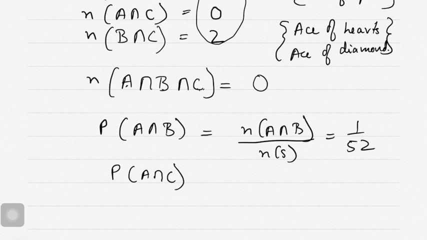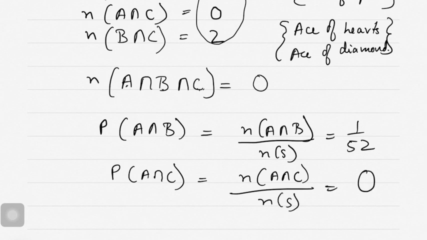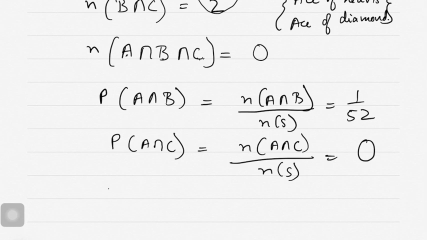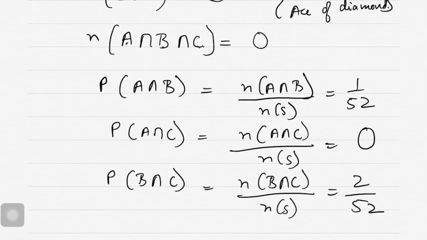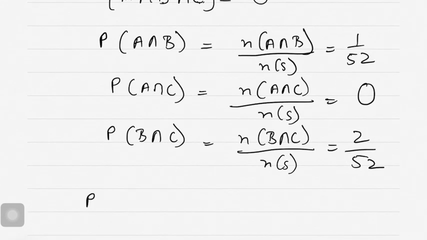P of A intersection C would be n of A intersection C divided by n of S, which is 0 only. P of B intersection C is equal to n of B intersection C, which is 2 by 52.